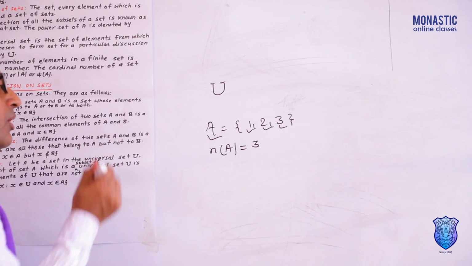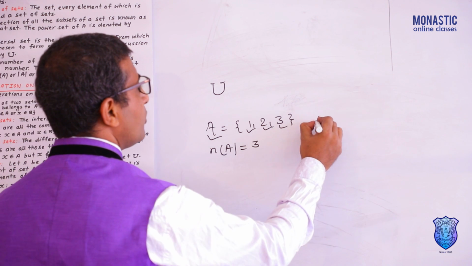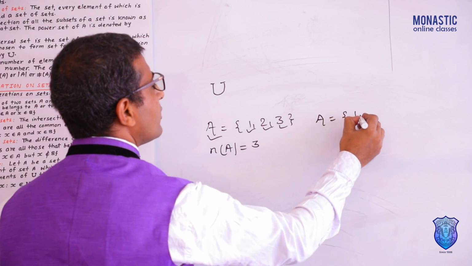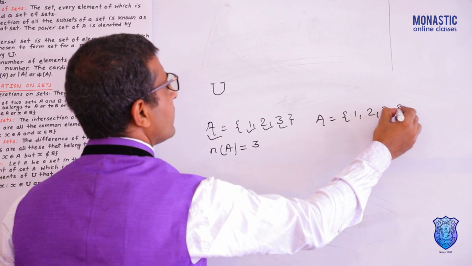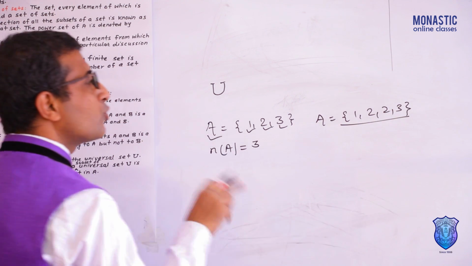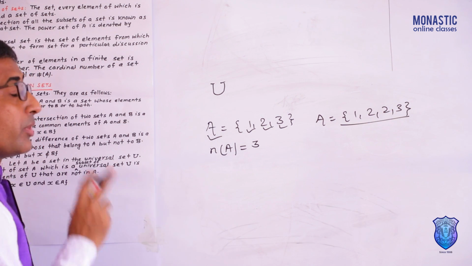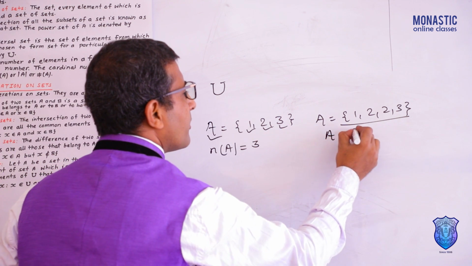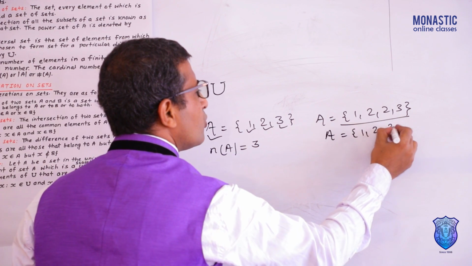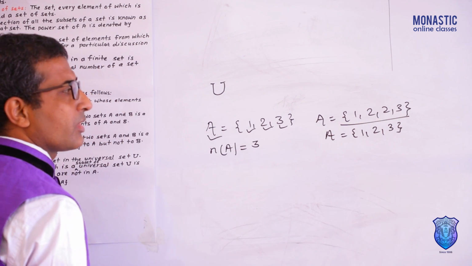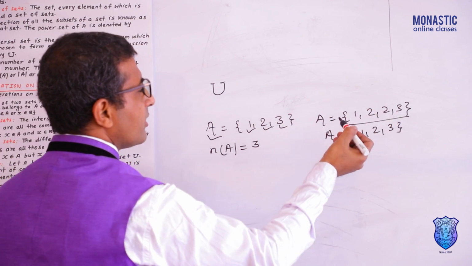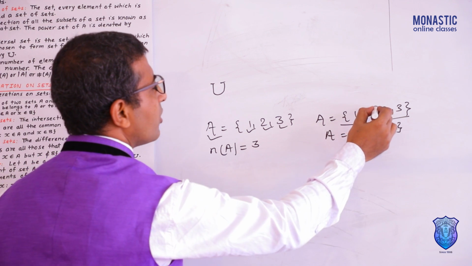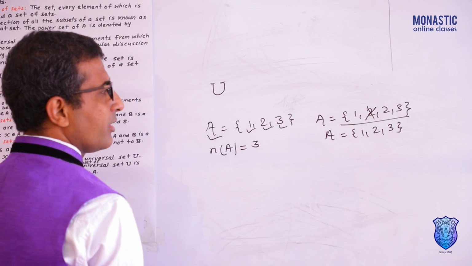One thing you must also remember: suppose you have written 1, 2, 2, 3, here 2 is repeated twice. But you must remember these two are the same. If you have repeated any number, it doesn't affect, so don't write it twice.